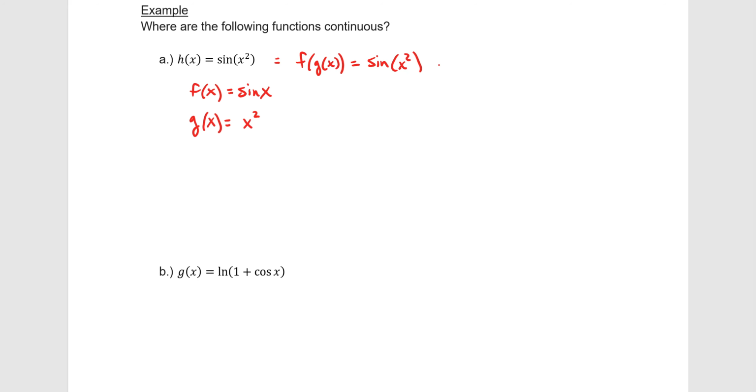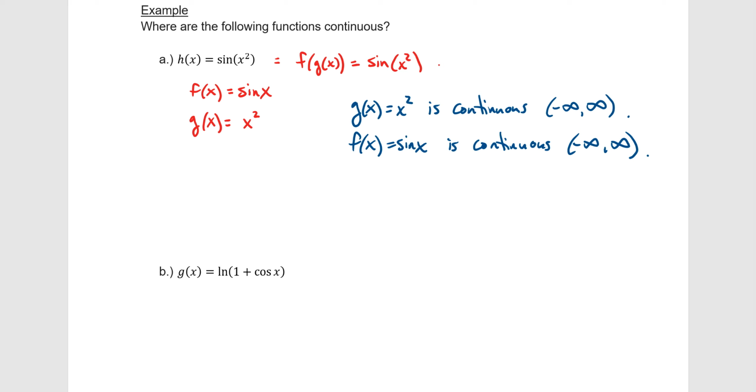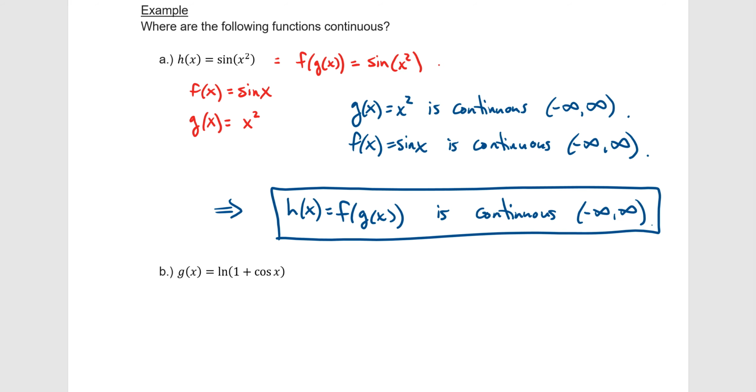Now we have to think about when they're continuous. We know that x squared is continuous everywhere because it's a polynomial. And we also know that sine of x is continuous everywhere. So if they're both continuous everywhere, then the composite of them, h of x, is also continuous everywhere.